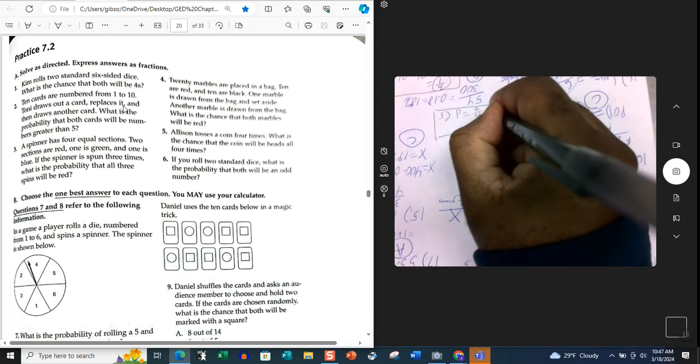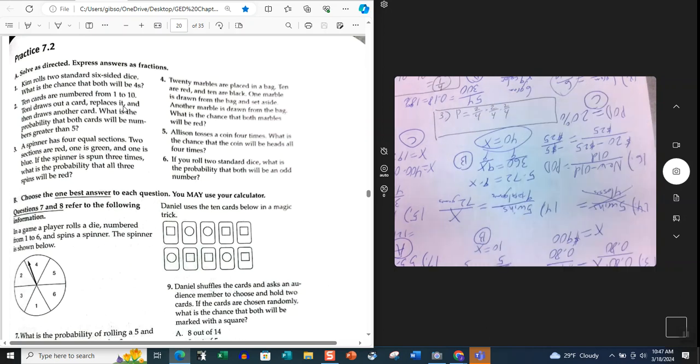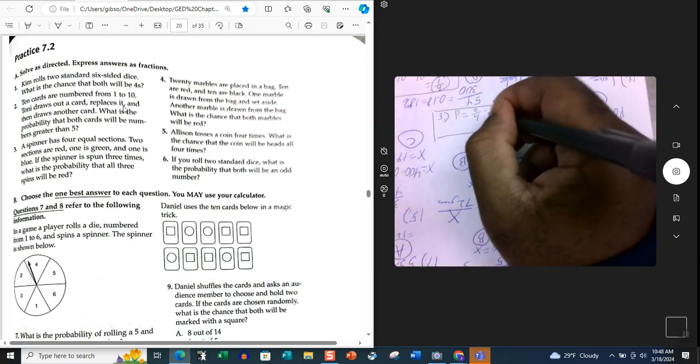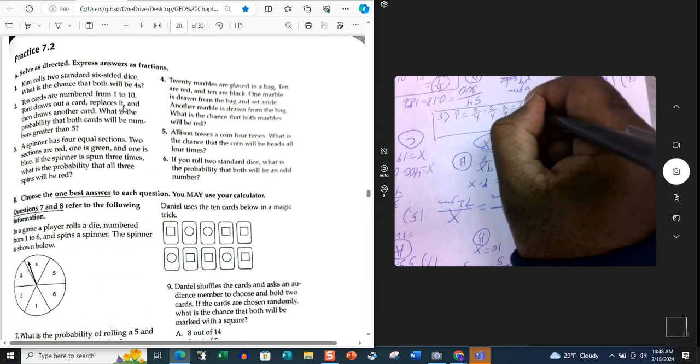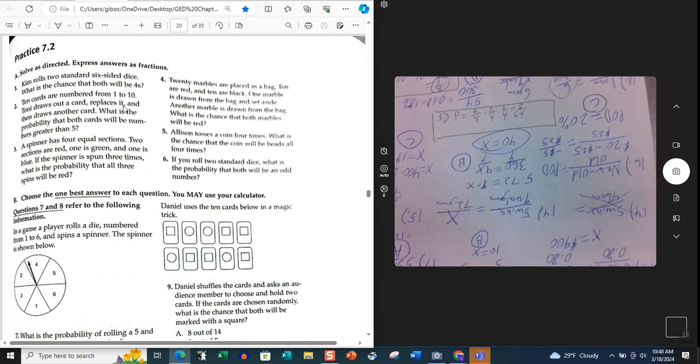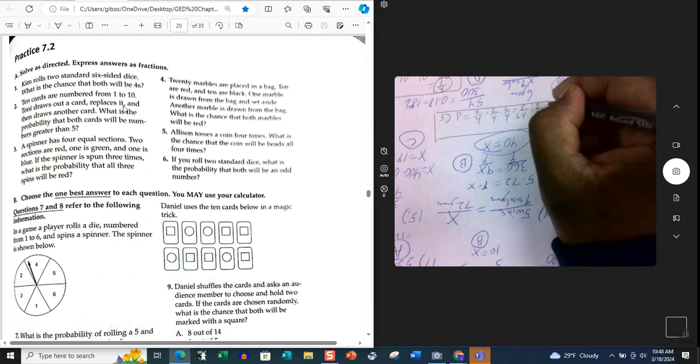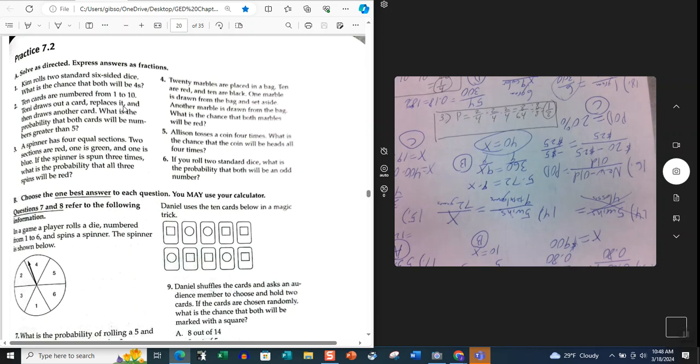So we multiply each one of them by 2/4. So each time you spin, you got a 2/4 chance of getting on red. So this would be 8 out of 64 when you multiply this out. Now 8 and 64 both has 8 in common. So this would end up being 1/8. So your answer here would be 1 out of 8.